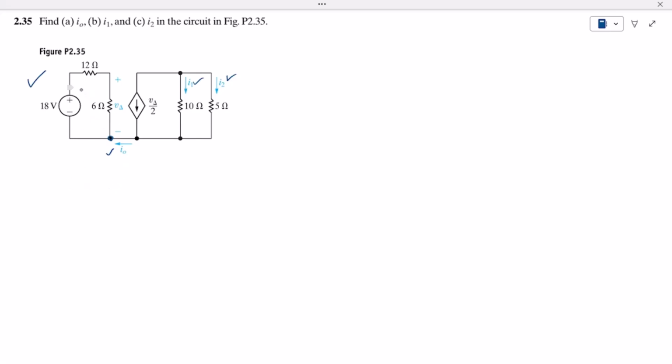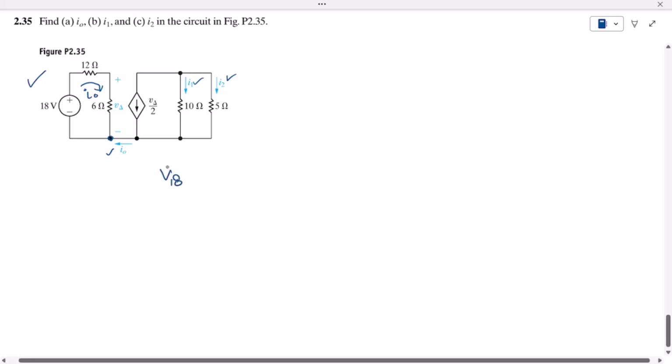So first of all, let us have this I0 here. Let me call it I0, and in order to find this I0, let us apply the KVL. According to KVL, this V18, let me call this one V18, is the voltage rise. If we take this current, this is equal to V12, the voltage across this 12 ohm resistor, plus V6, the voltage across this 6 ohm resistor.